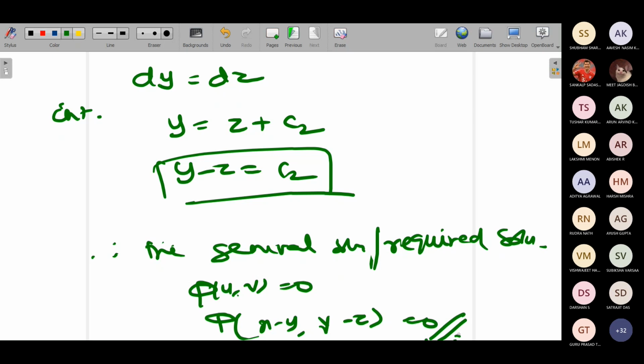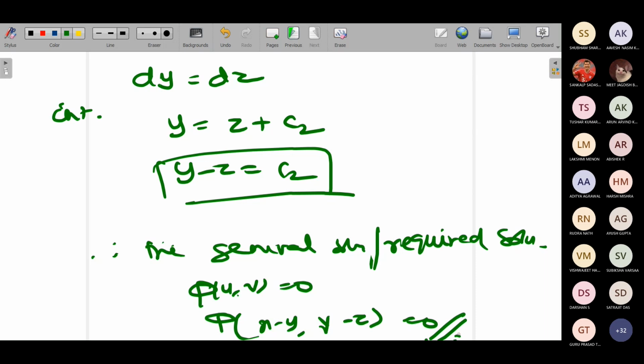Okay, we can just take down one more problem. Find the solution of... I'll give you a slightly different problem so that you will understand it, because a regular problem you will be able to do.